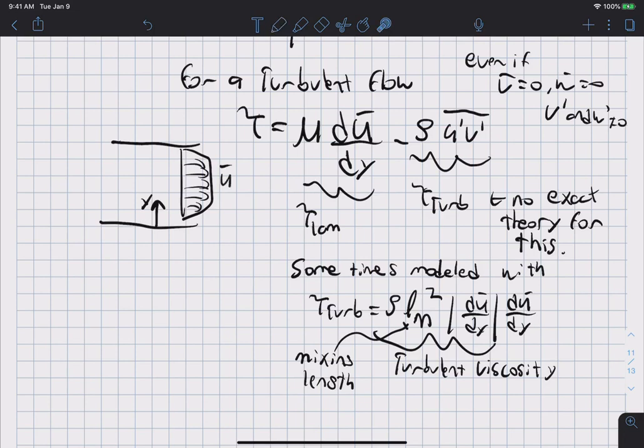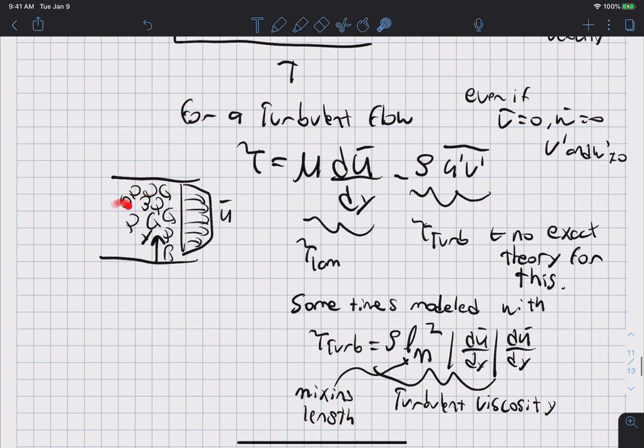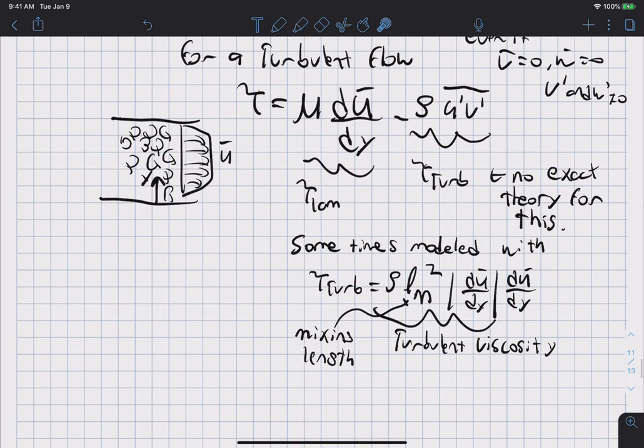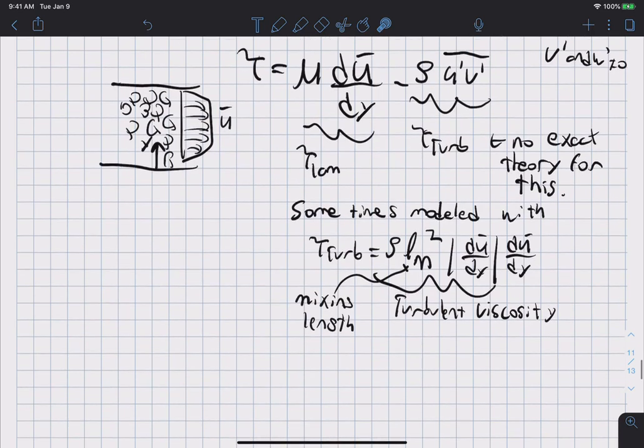And there is a shear stress due to the random fluctuations of the turbulent flow. Just the random jiggliness of the flow induces a so-called turbulent shear stress. And that needs to be modeled, and that's actually a very difficult flow field, and people spend their careers trying to model that better and better.